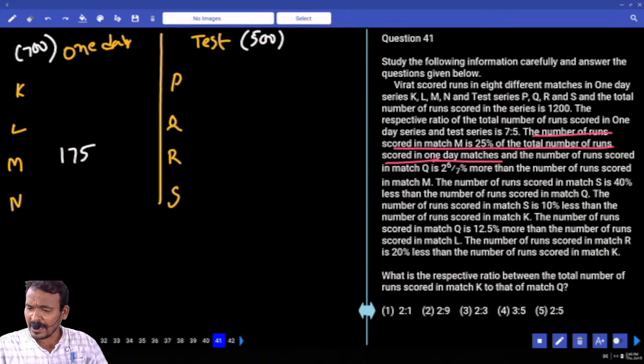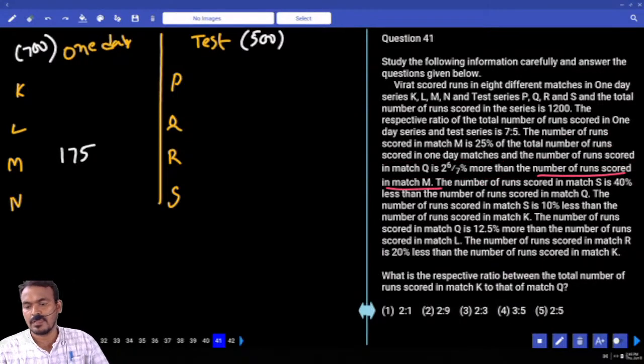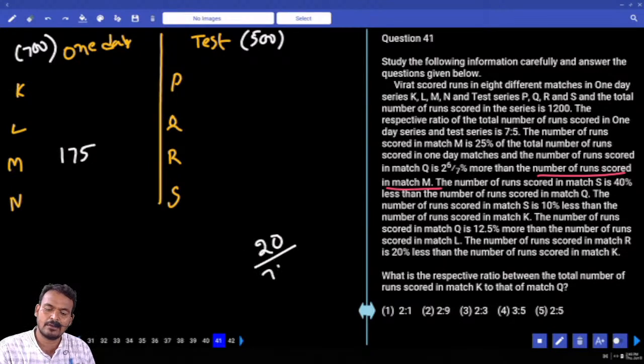Next, the number of runs scored in match Q is 26 by 7% more than the runs scored in match M. 20 by 700 means 1 by 35.